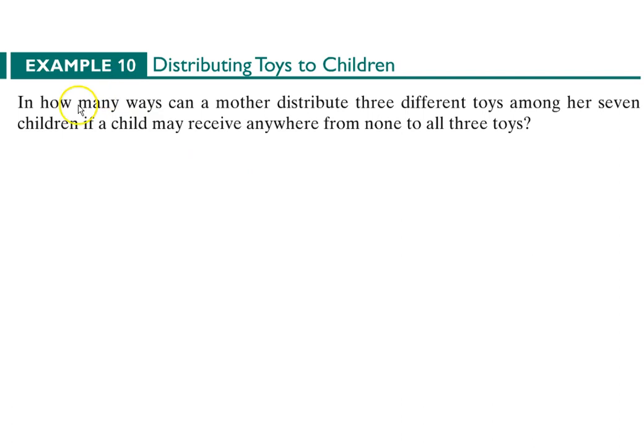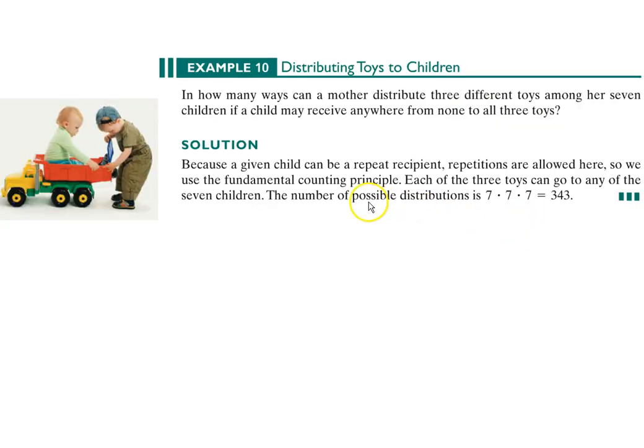In example 10, in how many ways can a mother distribute 3 different toys among her 7 children if a child may receive anywhere from none to all 3 toys? Reflect on that for a moment. Because a given child can be a repeat recipient, repetitions are allowed here.